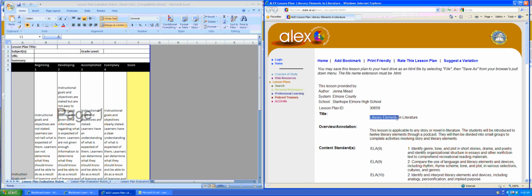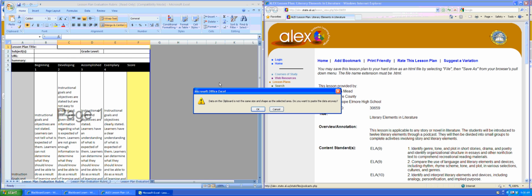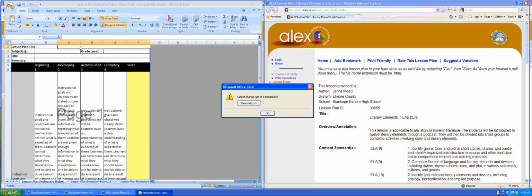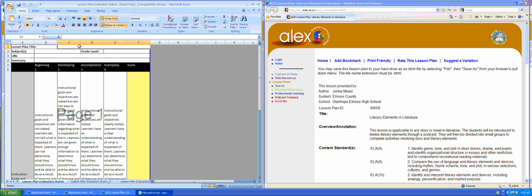So here I would find the lesson plan title, Literary Elements in Literature, and enter that information. Next, you would enter the subject area or subject areas. In this case, it's English language arts.